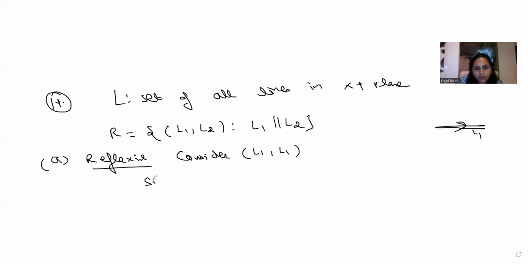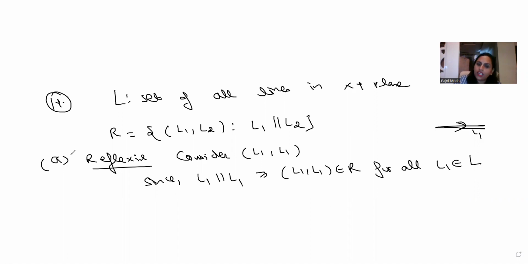So we can say the line is parallel to itself, the reason is very simple, because it is coinciding. This implies L1, L1 belongs to R for all L1 that belongs to L, and therefore the given relation is reflexive.